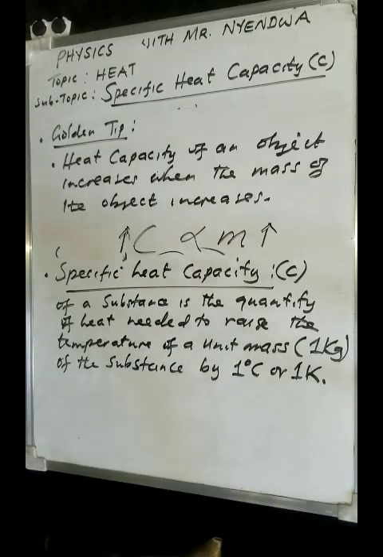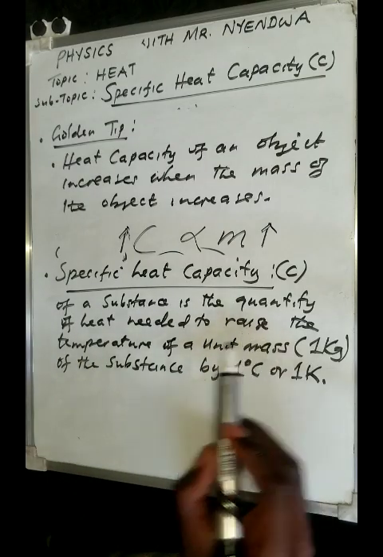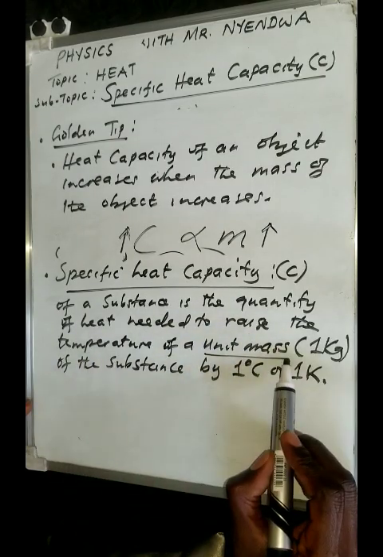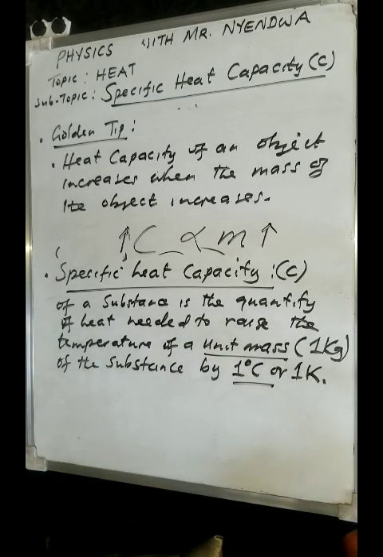So that is what we mean. This is what we call specific heat capacity. Remember, it is simply the quantity of heat needed to raise the temperature of a unit mass just by 1 degree or 1 Kelvin.